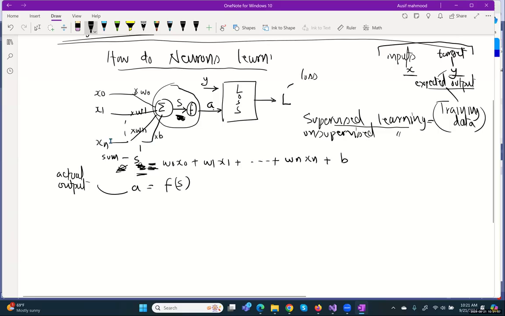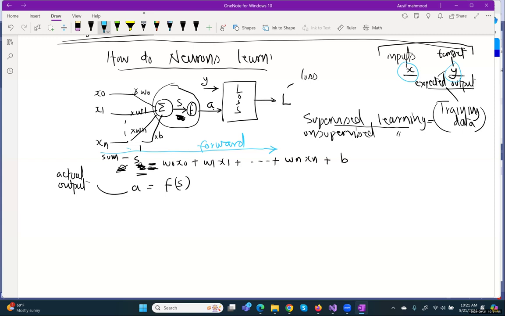So there is a forward pass. We take this training data, this X, and feed it through our neural network. We call it the forward pass. We multiply by the weights, whatever the training input is, compute the actual output, and then, based on the target from the training data and the loss function, we compute the loss.